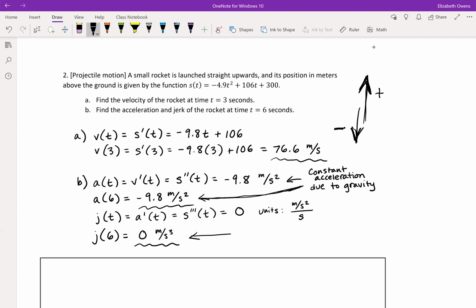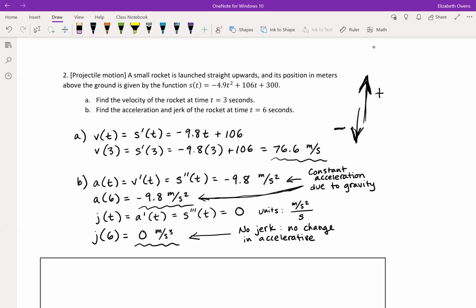The fact that there is no jerk is because there is no change in acceleration. It's just gravity acting on this rocket in a constant acceleration form.